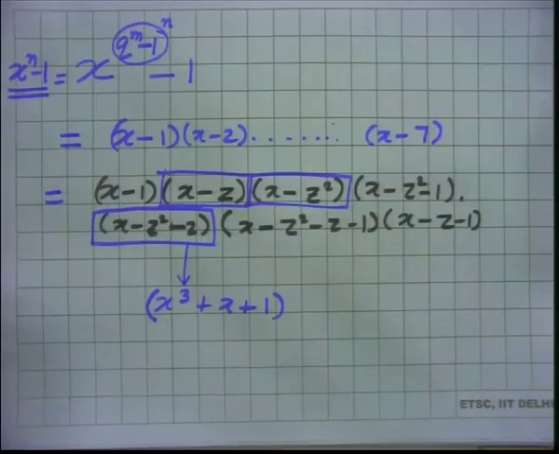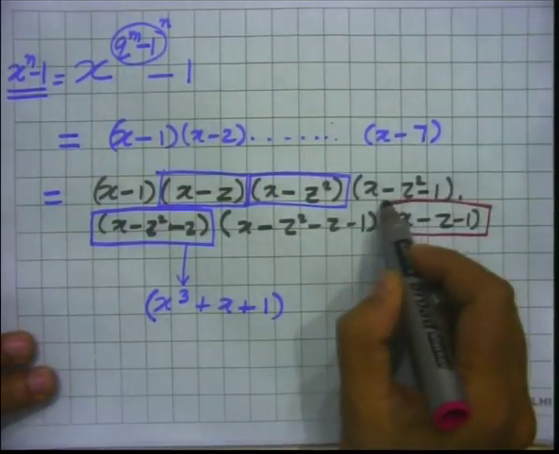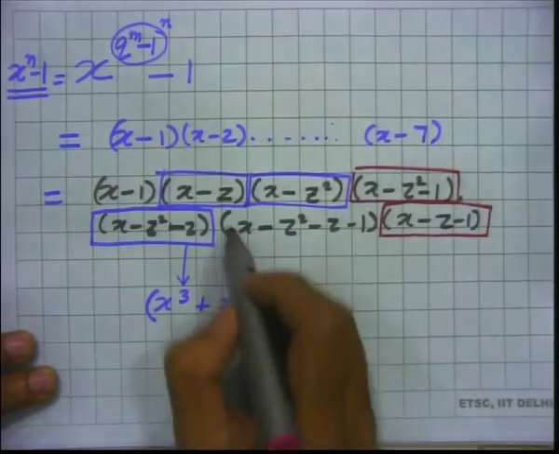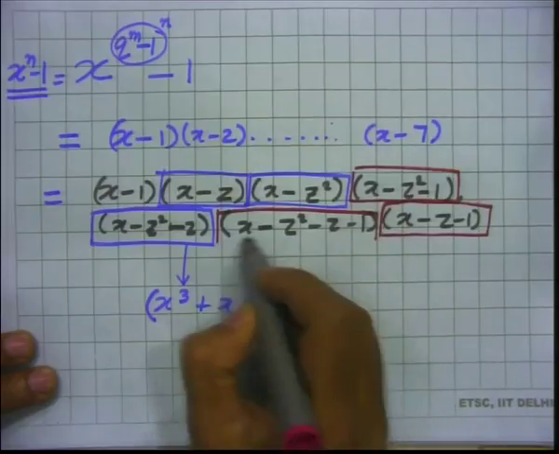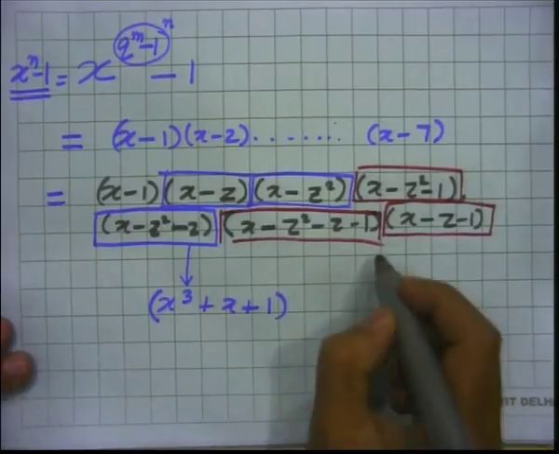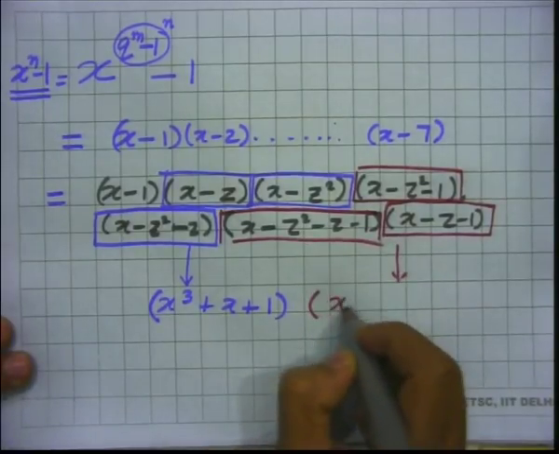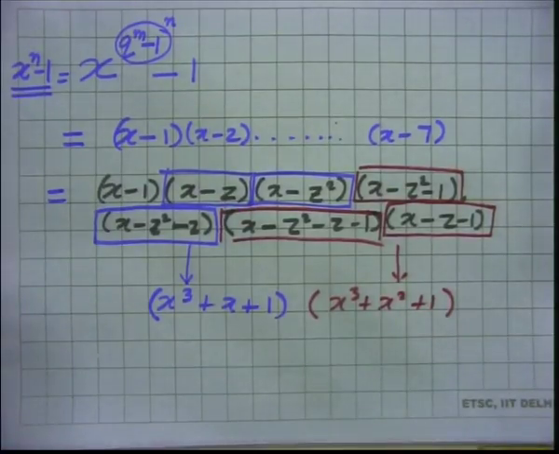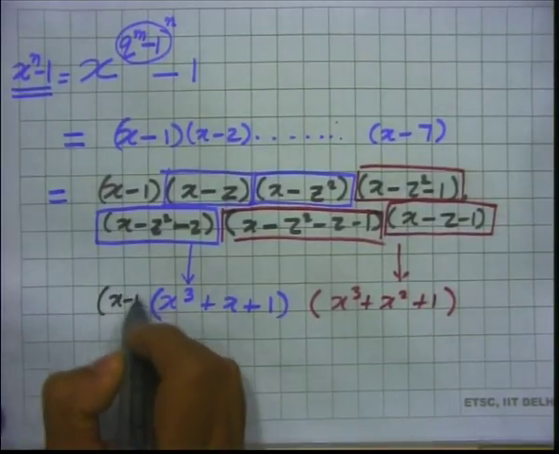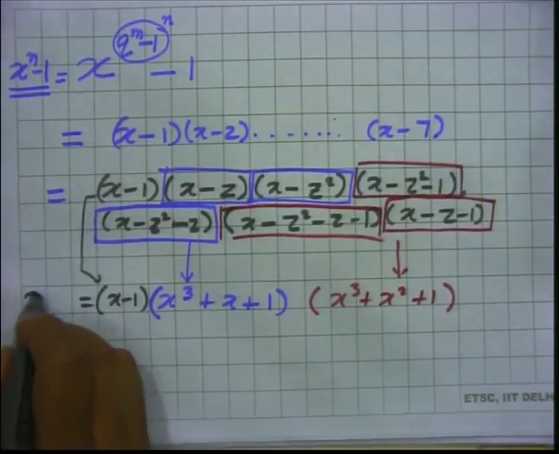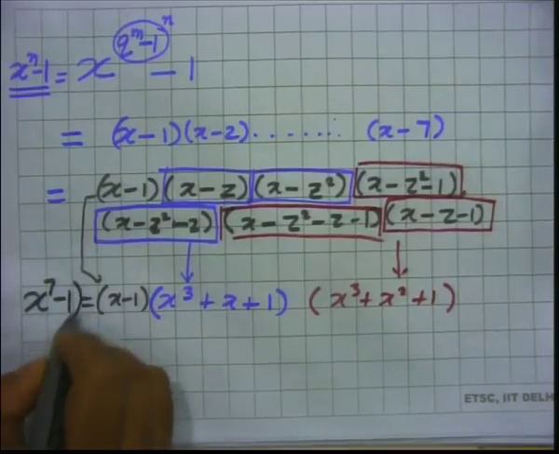So, if you look at x minus z minus 1, and x minus z square minus 1, and x minus z square minus z minus 1, these three, if you multiply them out, they form x cubed plus x square plus 1, and you already have x minus 1 coming from here, and this is your x raised to the power 7 minus 1.